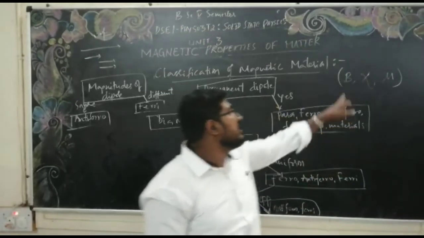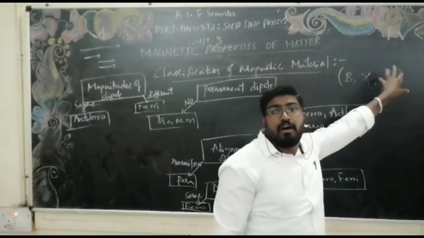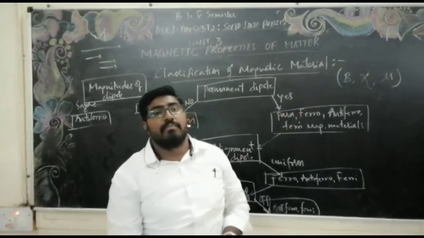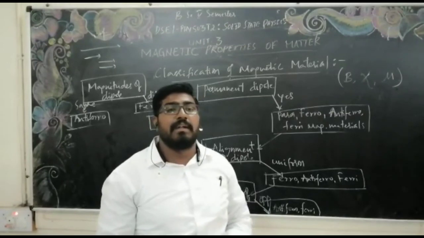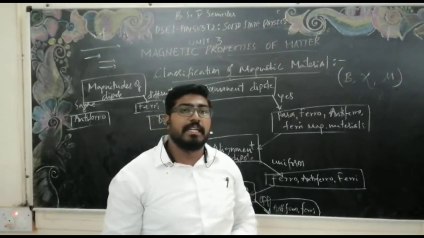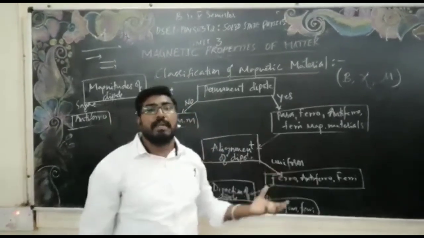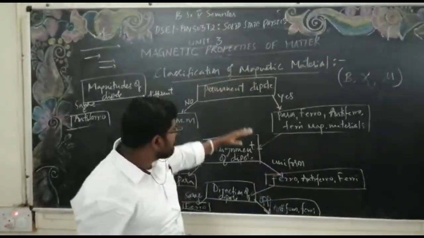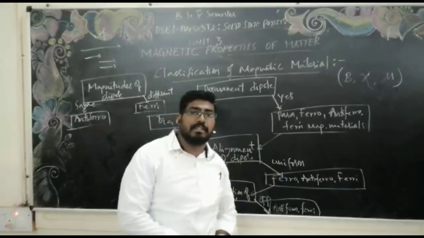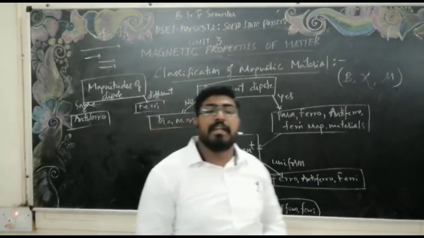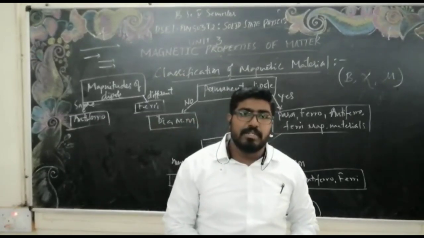After this, we shall study one by one the different magnetic materials, that is diamagnetic material, paramagnetic material, and the ferromagnetic material. Step by step we shall study in the next class the properties of the diamagnetic, properties of the paramagnetic, and the properties of the ferromagnetic.